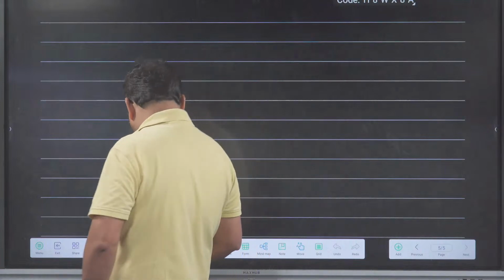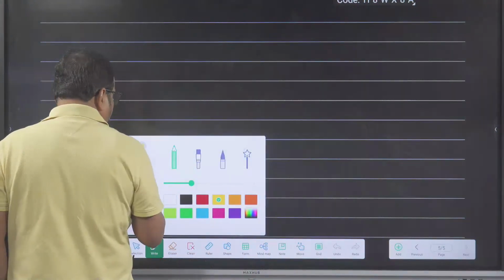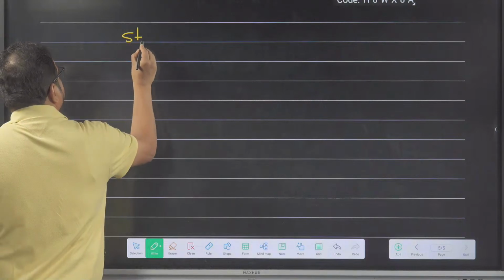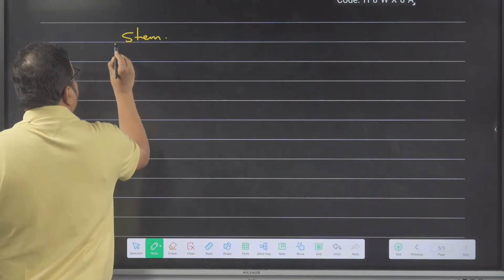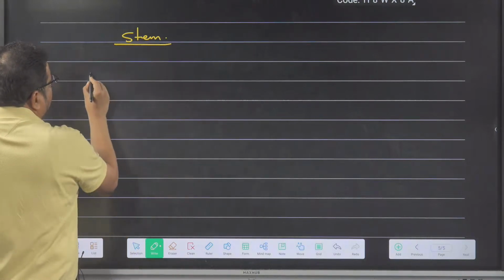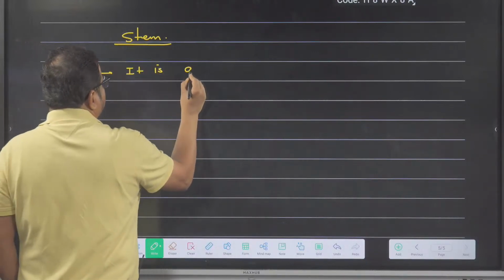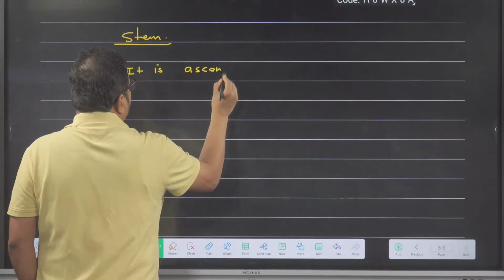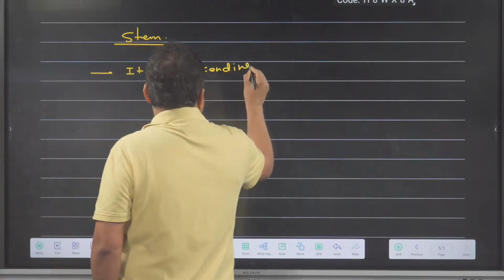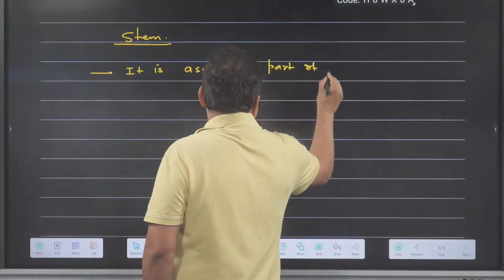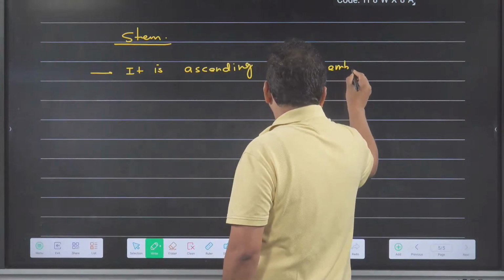So have a look here. First, we are going to talk about very general things about the stem. So if we talk about stem, it is the ascending part of the embryonal axis.